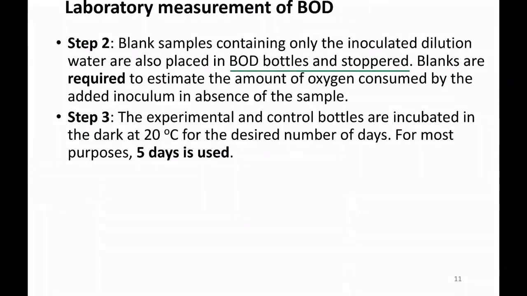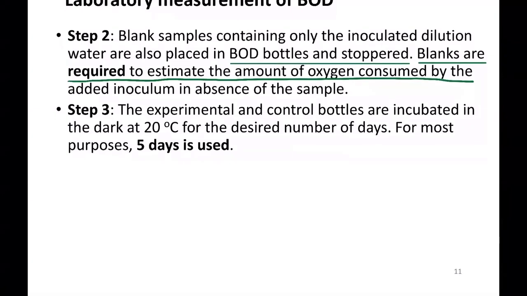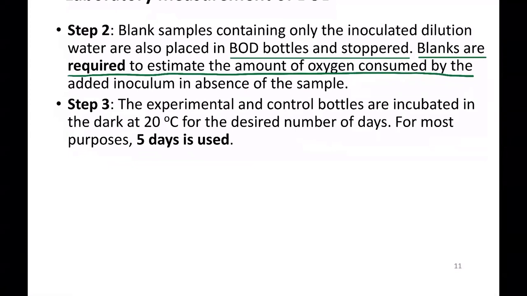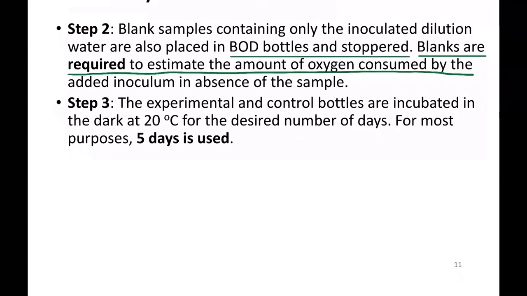We'll also introduce a blank, which is a control group for the measurement. The control group is just to offset the oxygen demand by the microorganisms themselves. So this is a more accurate method to determine the BOD.